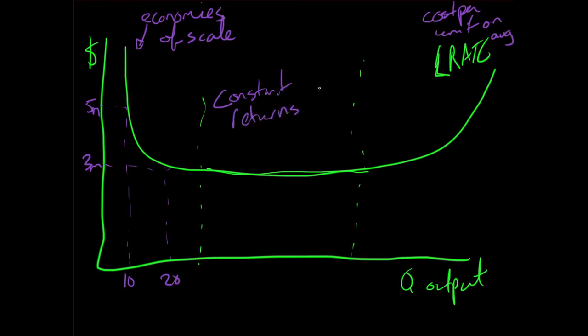Essentially, I have a situation that if I'm producing, let's say here, 30 units or 60 units, my cost hasn't changed. My cost per unit hasn't changed.